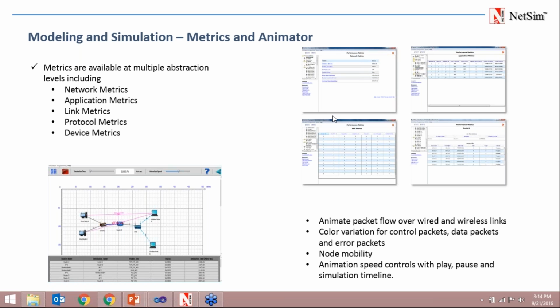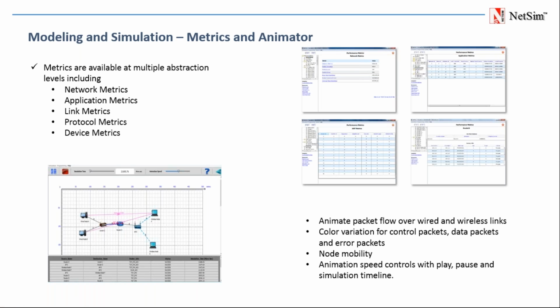In this case, you can notice TCP metrics, IP metrics, and OSPF metrics. Then device metrics display the device-related metrics like the ARP table and IP forwarding table.